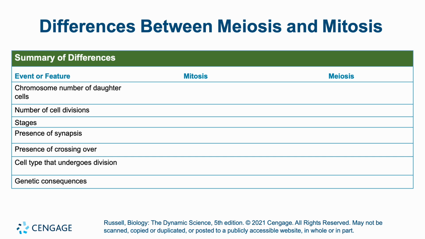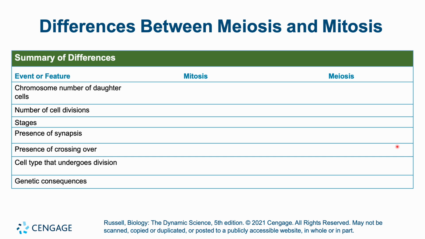So now, let's compare and contrast meiosis and mitosis. You can try answering this on your notebook or on a piece of paper. Just copy this table and then answer.